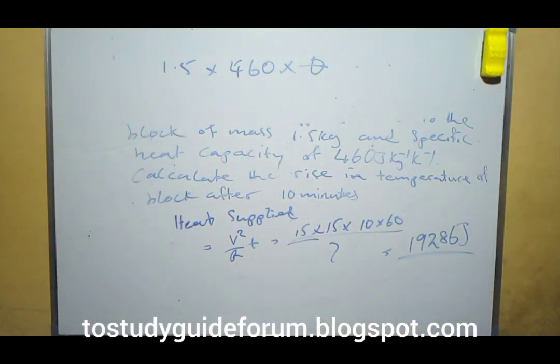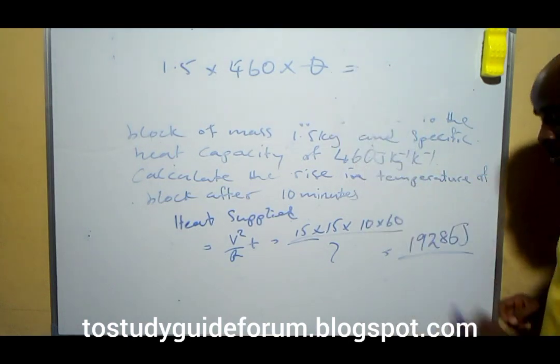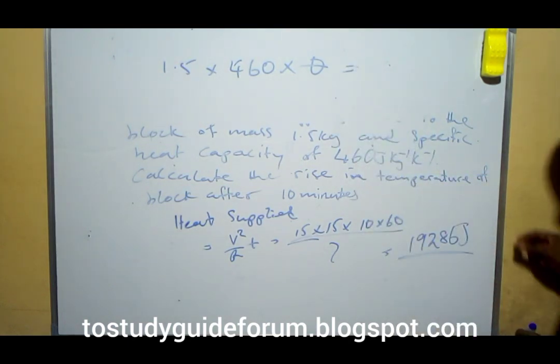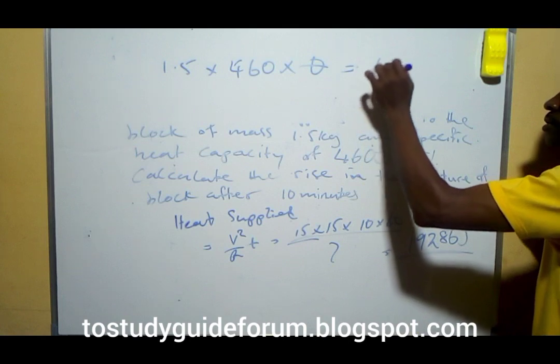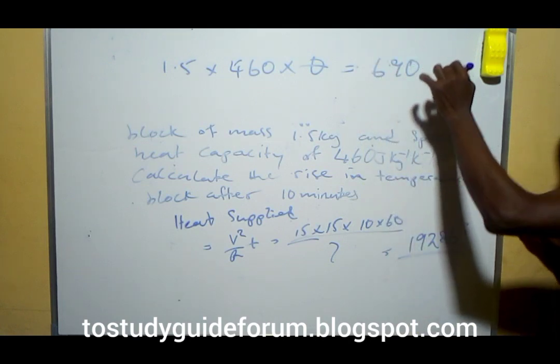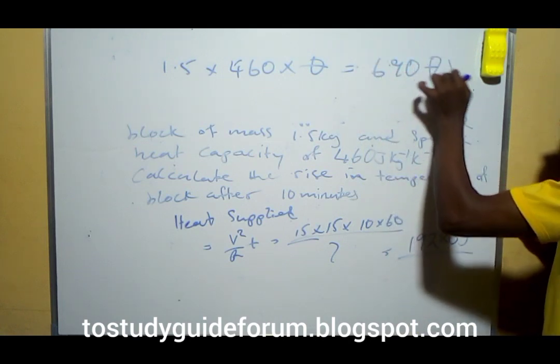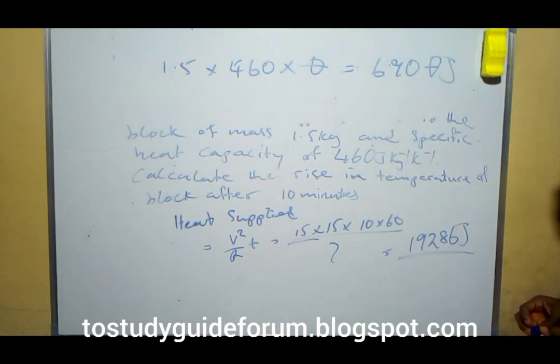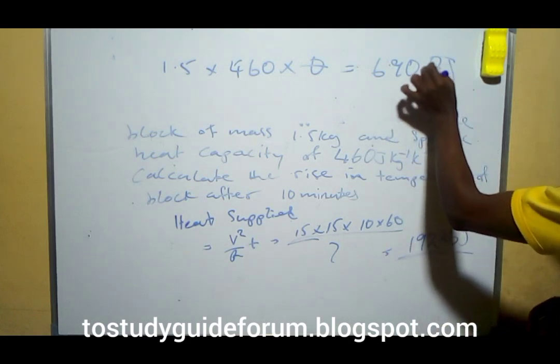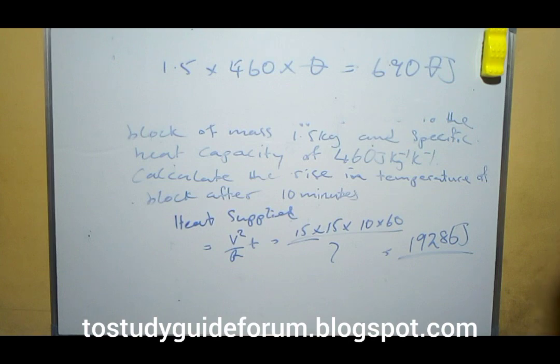Since we are looking for the temperature rise, we multiply through, and we have 690 theta joule. That is the temperature rise we are looking for.